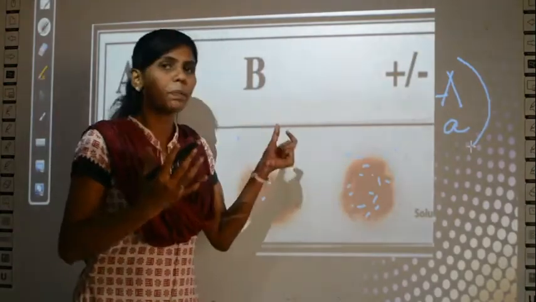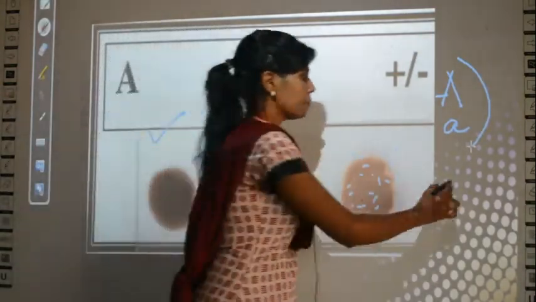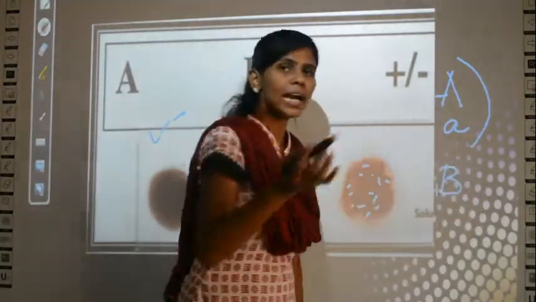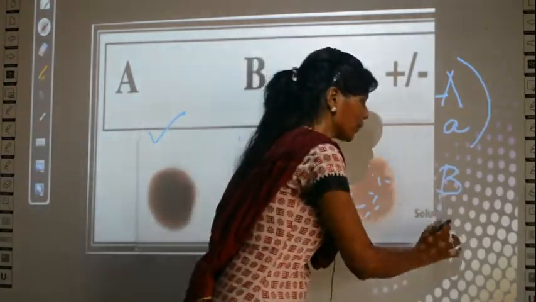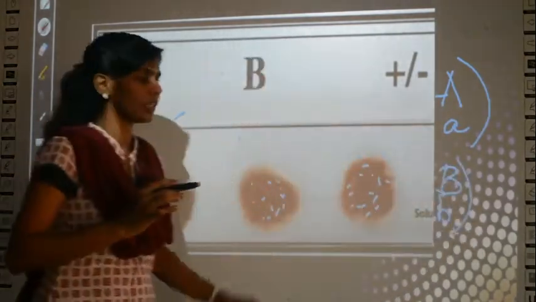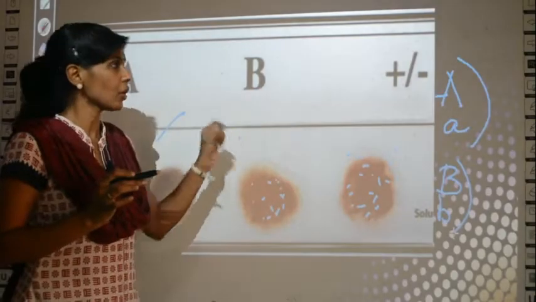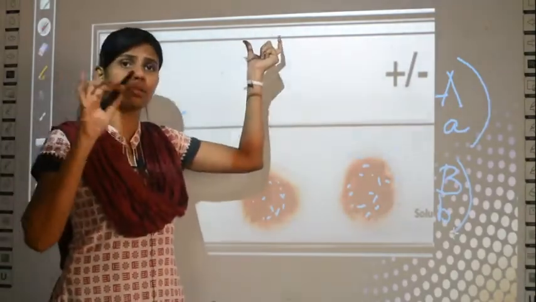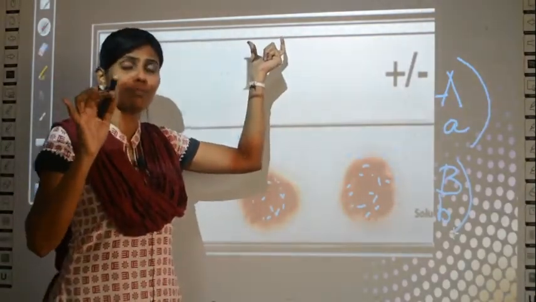Similarly, when a person's blood has antigen B and you add antibody B to it, there will be agglutination. That has happened here because in the second drop we added antibody B.